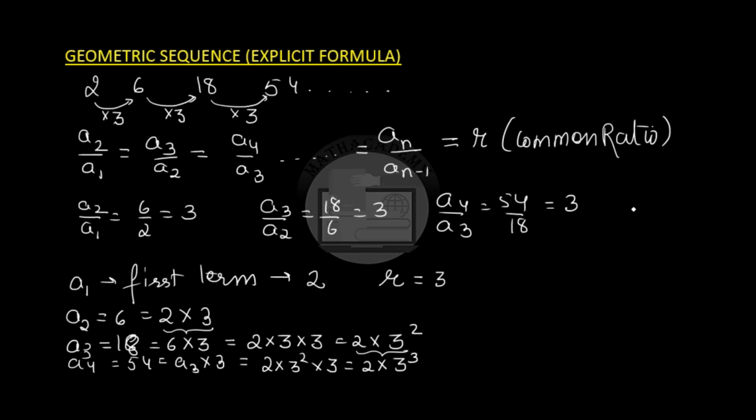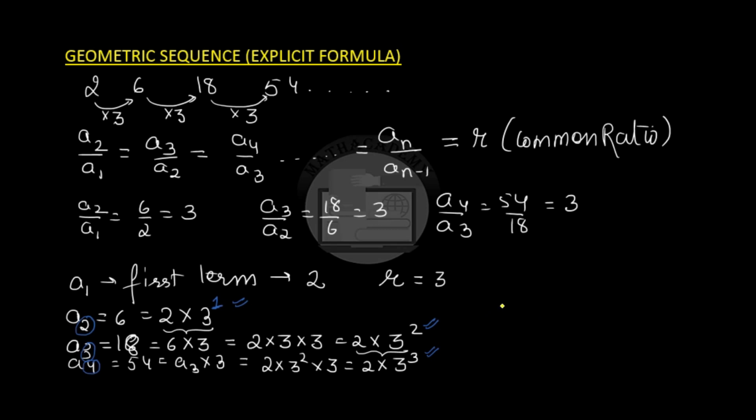Now let us see what has happened in each case. We see that the power of r is always 1 less than the position. Here the position of the term was 2 and 1 less than that was the power of 3, which is the common ratio. Here the position was 3 and the power was 1 less, so 3 minus 1 was 2, and here the position was 4 and the power was 1 less than the position, it is 3.